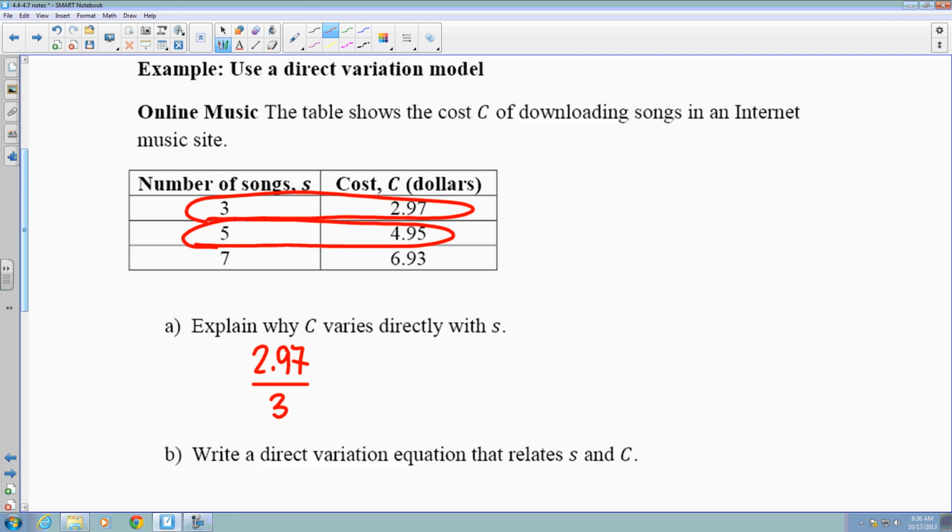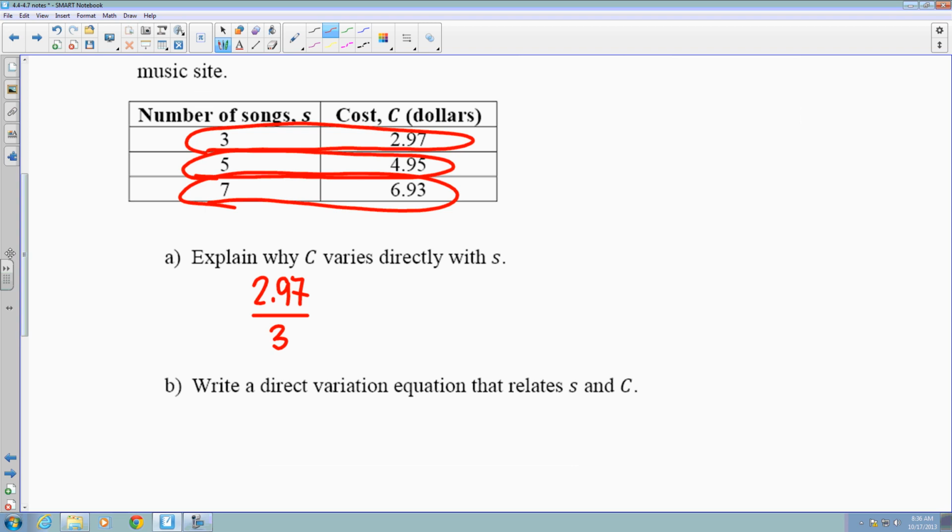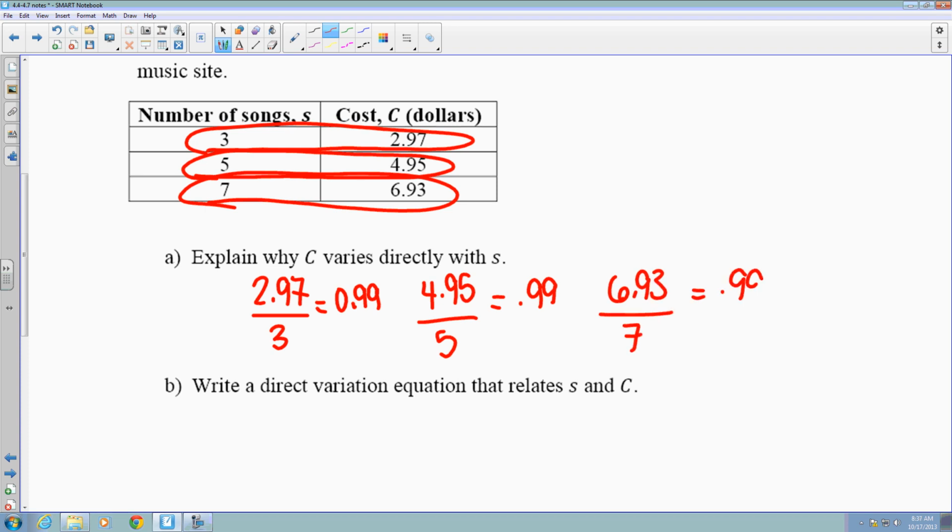We have to do this for all three pairs, and it would vary directly with S if each one of those comes out to the same thing. So 2.97 divided by 3 is 0.99. 4.95 divided by 5 is 0.99, and 6.93 divided by 7 is 0.99.